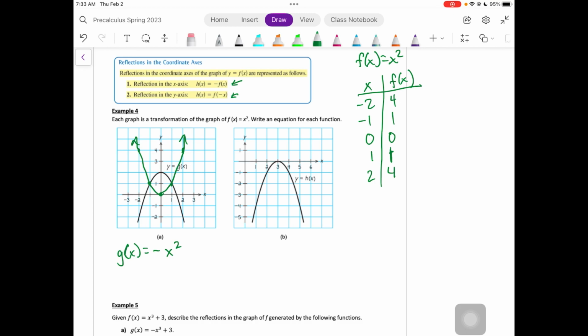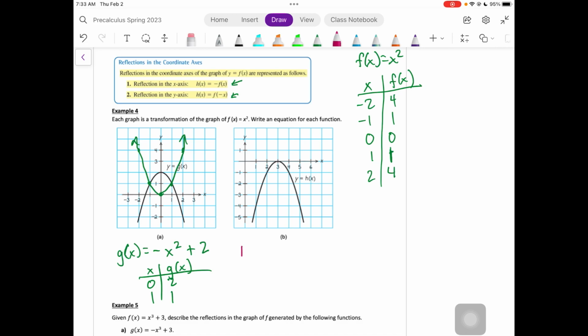And then we're shifting up, so we're going to add 2, right? You can check your answer by looking at some values. If I plug in 0, I should end up with 2, and I did. If I plug in 1, I should end up with -1 plus 2 is 1, and I did. So you can plug in some points to check that.